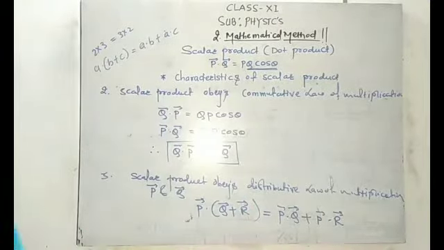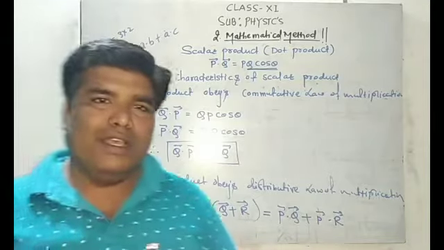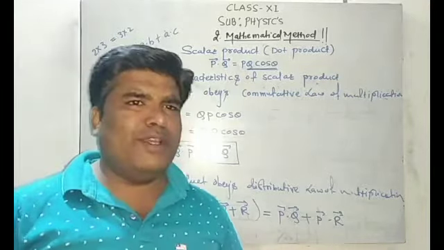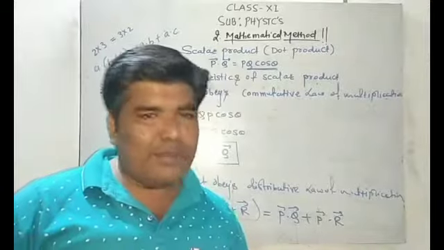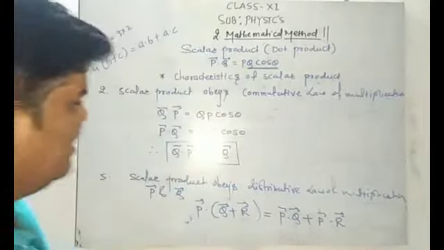So this is the distributive law of multiplication, right? So these are the three properties of scalar multiplication. I hope you understood it very well.